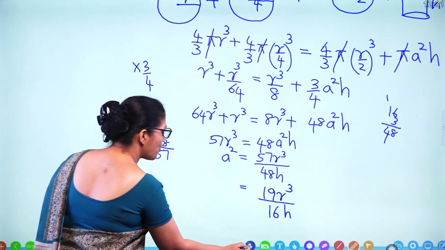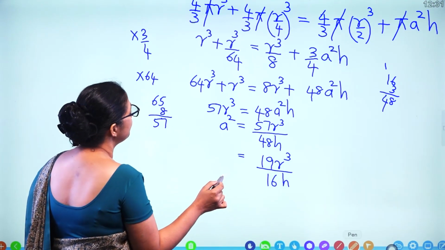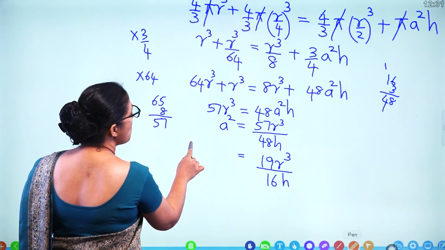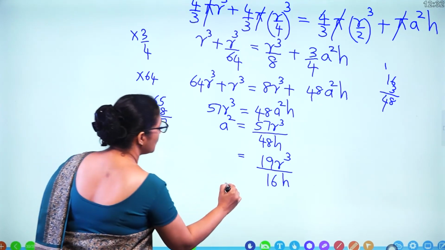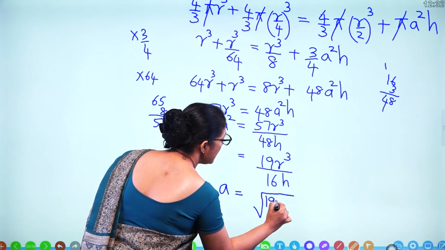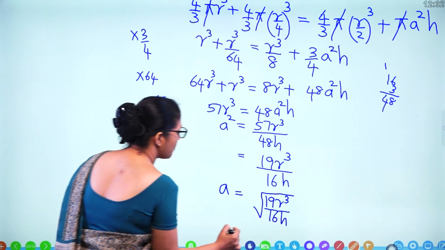Now take the square root of both sides. When you take the square root, what do you get? So a becomes the square root of 19 r cubed over 16 h.